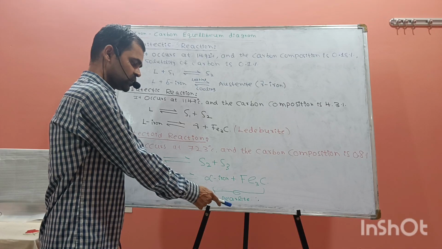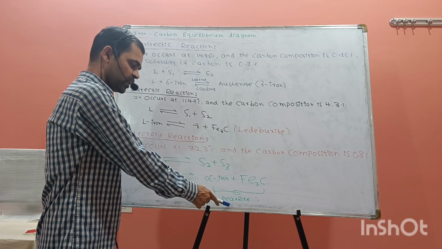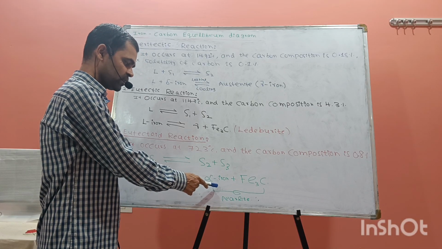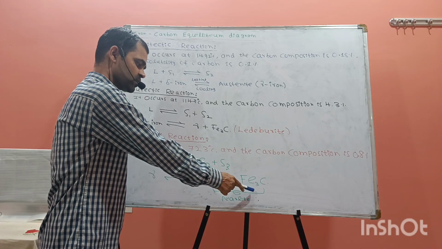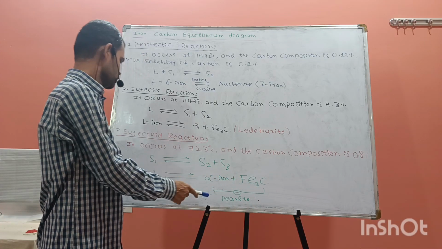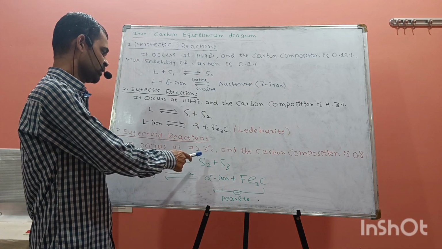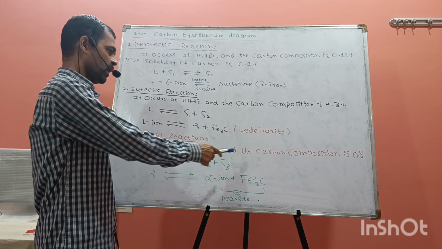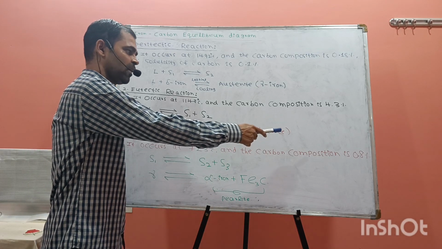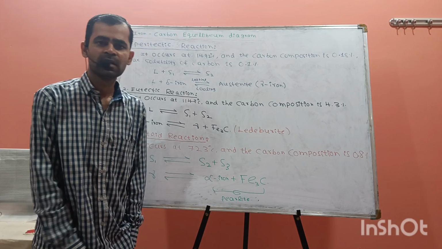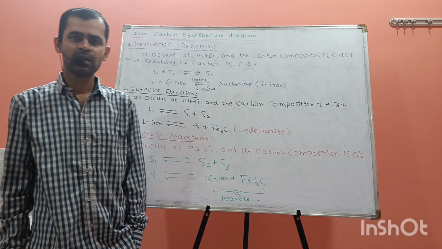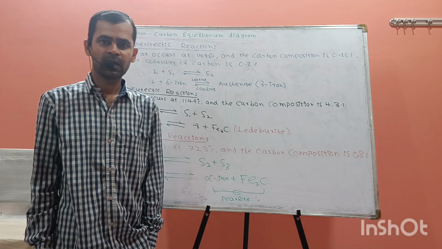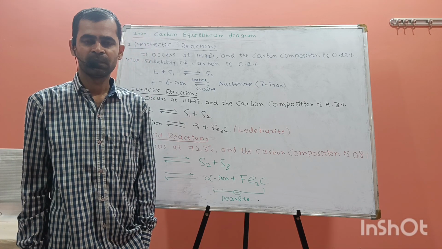This mixture is called pearlite. Alpha iron is solid 2 and Fe3C is solid 3. These are the three invariant reactions that take place in the iron carbon equilibrium diagram.